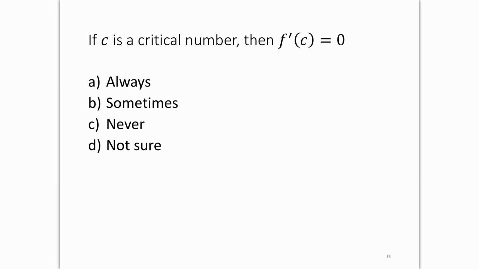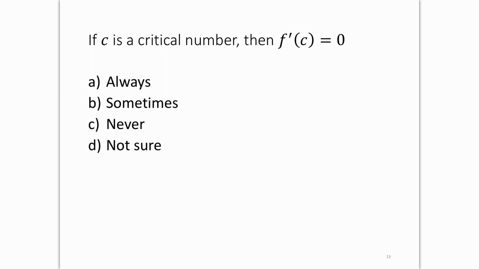Let's try another question. If C is a critical number, then f prime of C equals 0. Is that always true? Is that sometimes true? Is that never true? Or are you not sure? Let's think about it. Pause the video, give it your best shot.